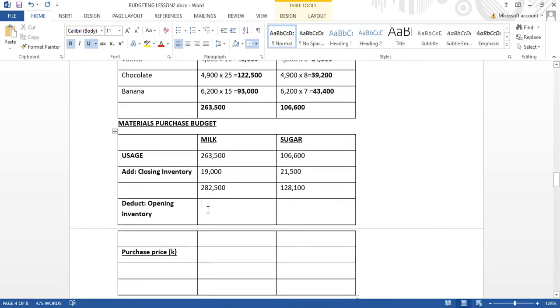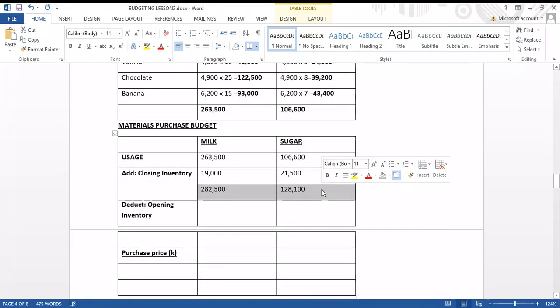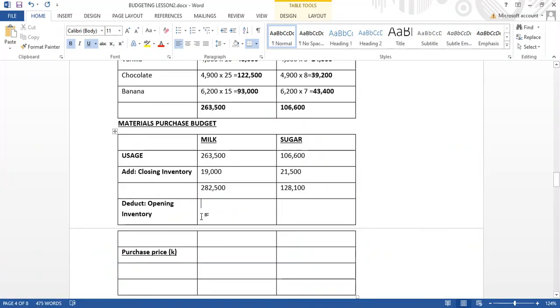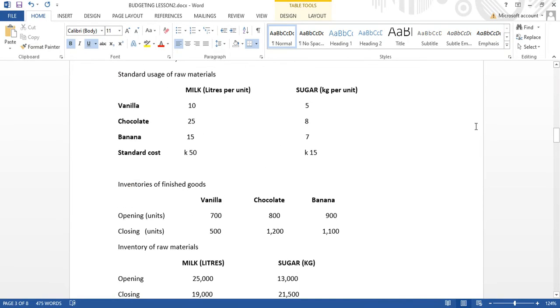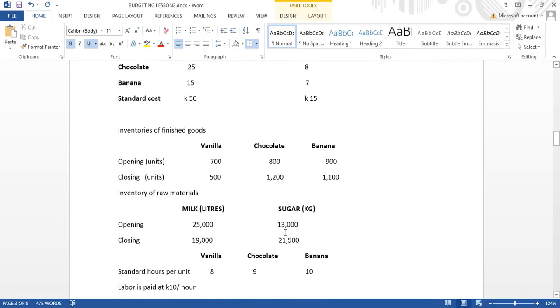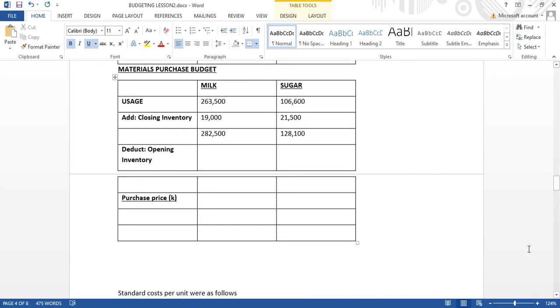Then, as always, we can deduct our opening inventory, so that we don't need to purchase this whole amount. If there was no opening inventory, we would go straight to multiply this by the purchase price. So our opening inventory, 25,000 liters of milk and 13,000 kg of sugar.